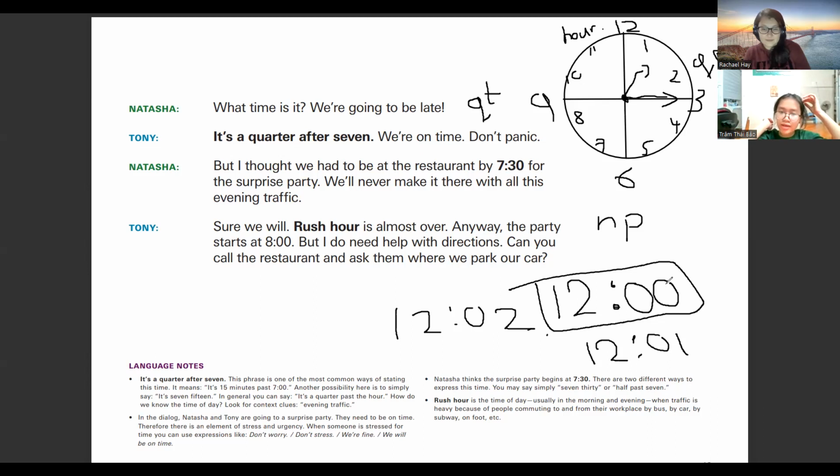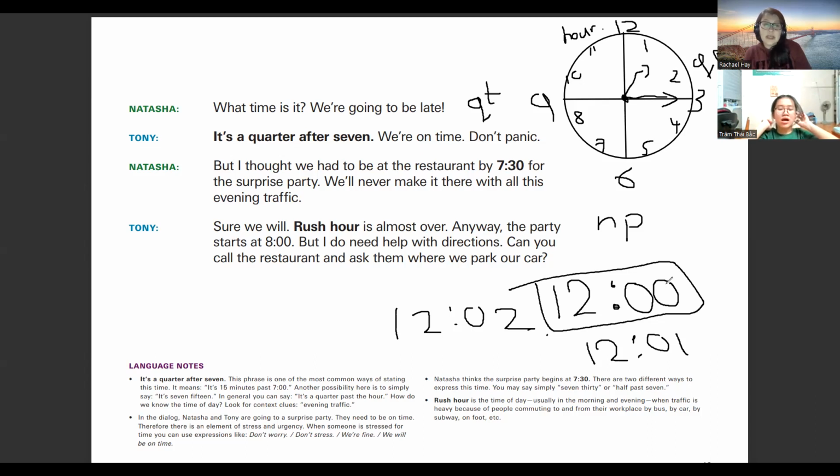We'll never make it there with all of this evening traffic. Sure we will, but rush hour is almost over. Anyway, the party starts at 8, but I do need help with directions. Can you call the restaurant and ask them where we can park our car?